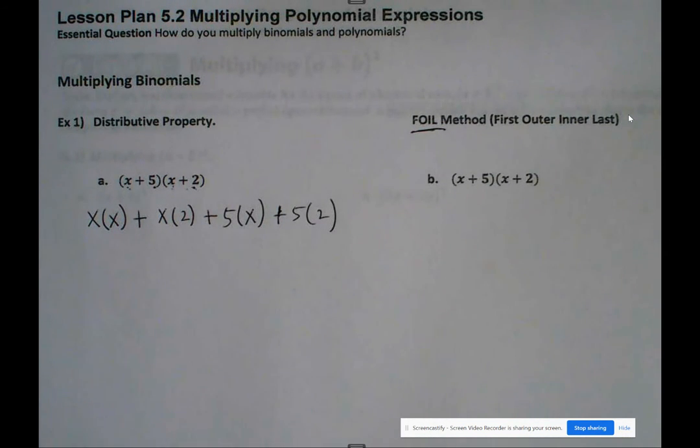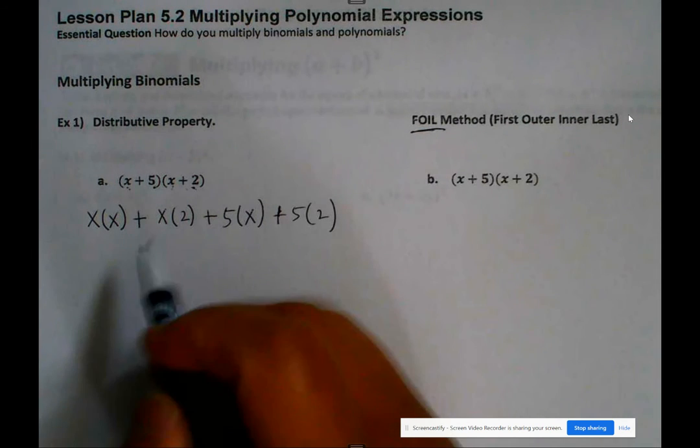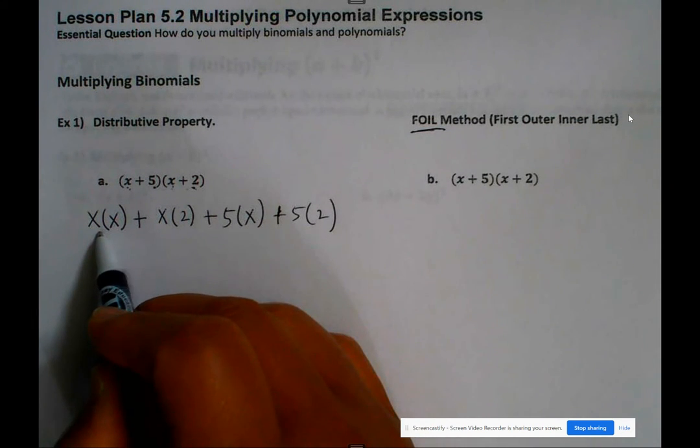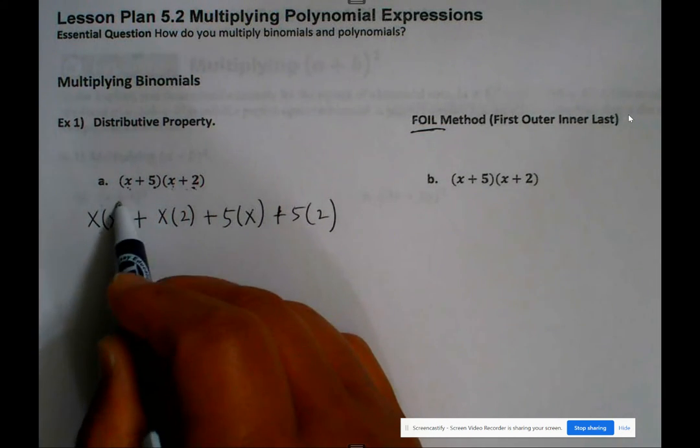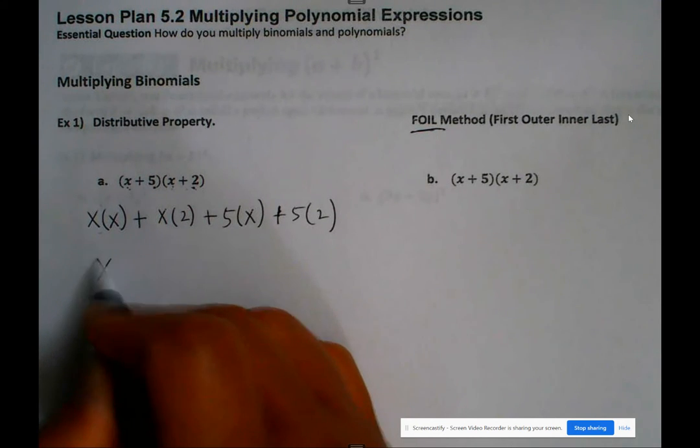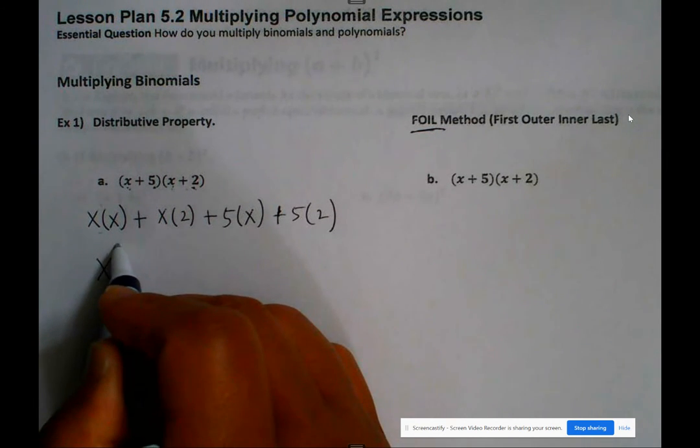Like I said, I think for me, for all of us, distributive property is okay if you want to organize it and go step by step, which is fine. If you need it, go ahead and use it. All right, so we have x times x. So this is x to the first and x to the first. That will give you x to the power of 2.